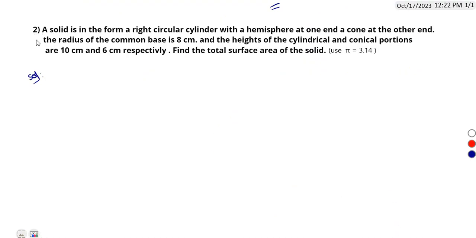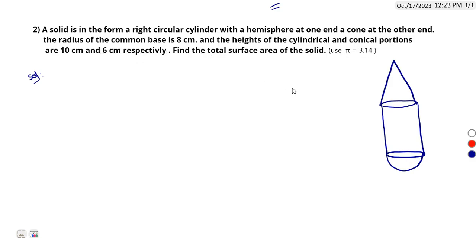Second one. A solid is in the form of a right circular cylinder with a hemisphere at one end and a cone at the other end.